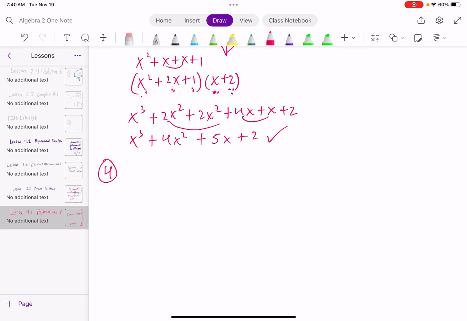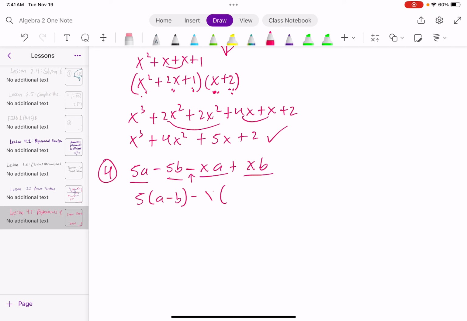So let's take a look at number 4. Number 4 says, factor completely. We have 5a minus 5b minus xa plus xb. Factor it. Easy peasy. I see here we have a 5 in common. I'm going to take it out. I'm left with a minus b. From here I have an x in common. I'll take out that positive x. I'm left with, you know what? Let's take out a negative x, because the first term right here is negative.